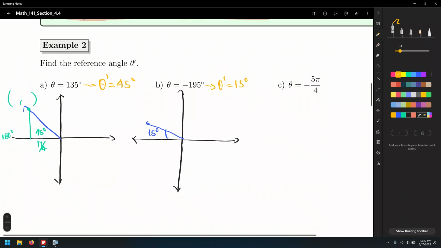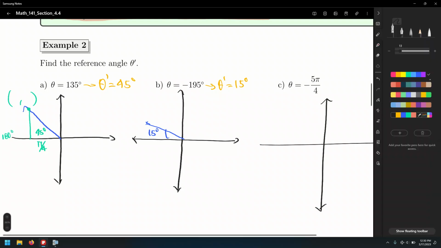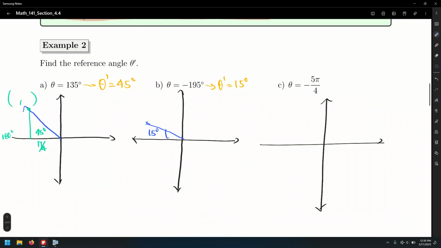All right. Theta equals negative 5 pi over 4. Well, careful because this time we're now using radians, and on top of that, it's also a negative angle. All right. Cartesian plane. And, well, negative 5 pi over 4. So let's check this out.